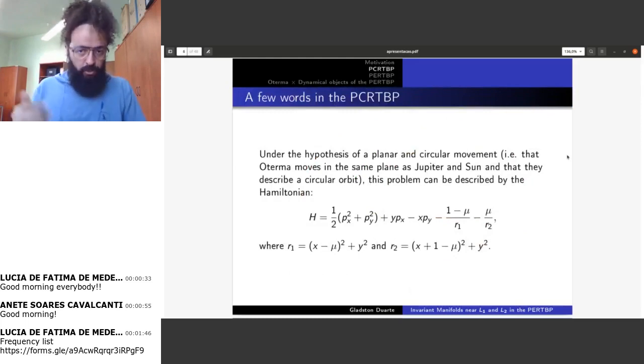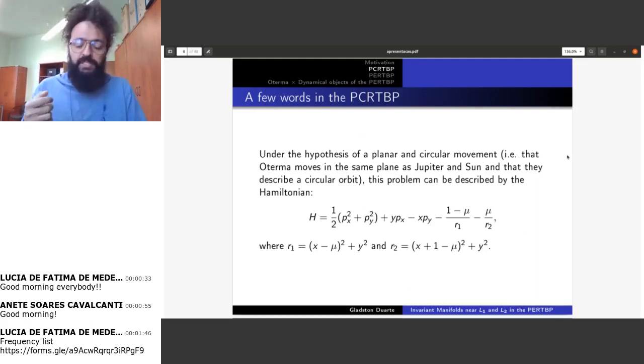This orbit was studied using the planar circular restricted three-body problem, which assumes that you have two massive bodies, in this case Jupiter and Sun, and a third one that we consider massless.